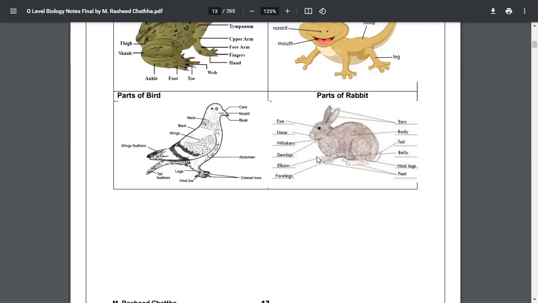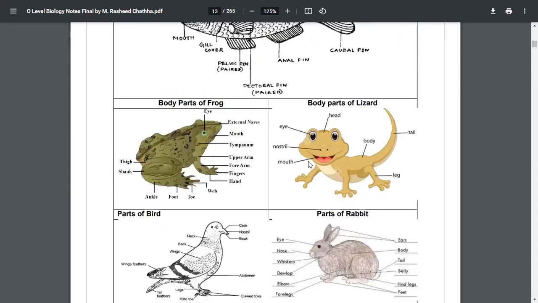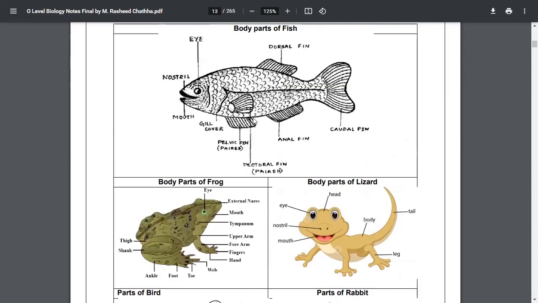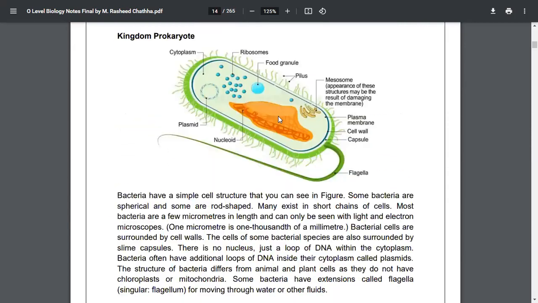So we humans belong to the class Mammalia or mammals, and the birds belong to class Aves, lizards belong to class Reptilia, frogs belong to class Amphibia, and fish belong to class Pisces or fish. Okay, dear students.